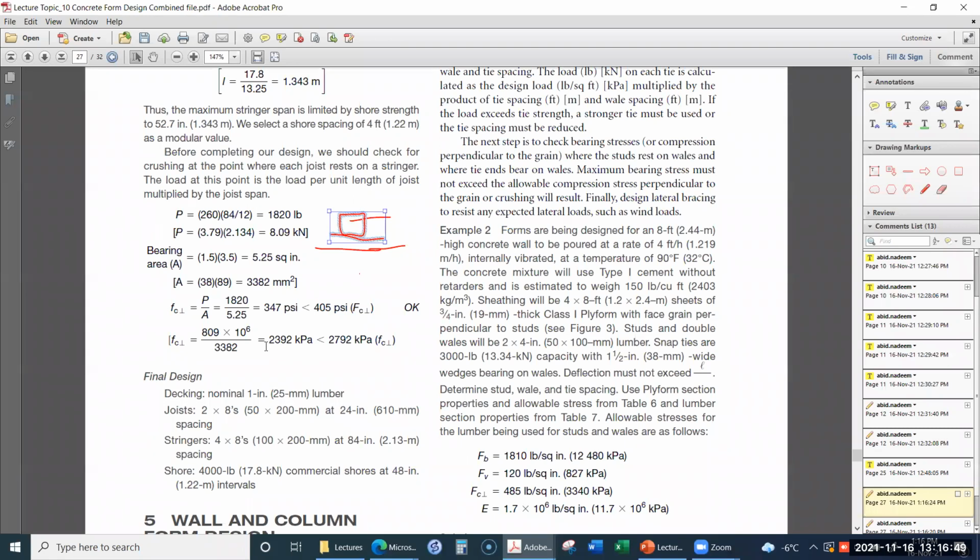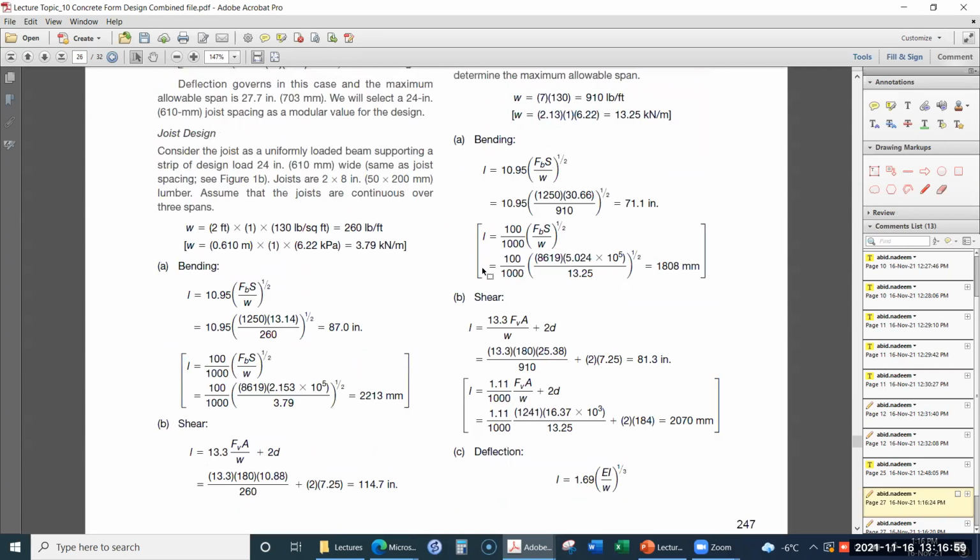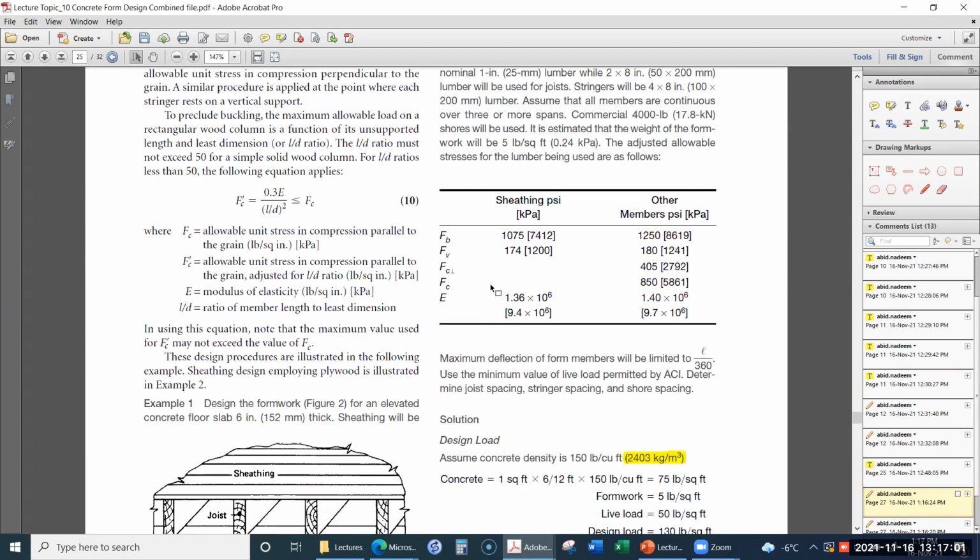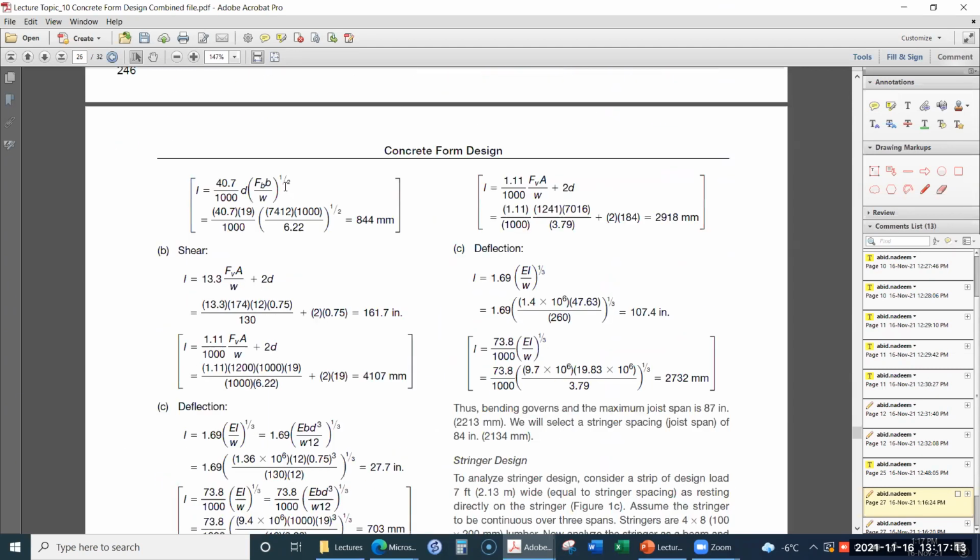The stress at the bending area is 2392, which is less than the given 2792 megapascals stress needed over here.